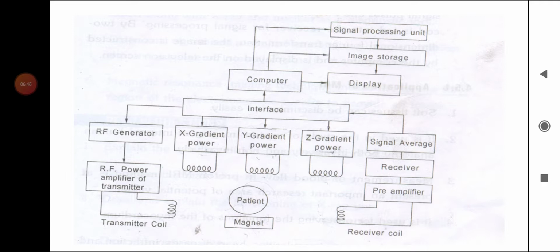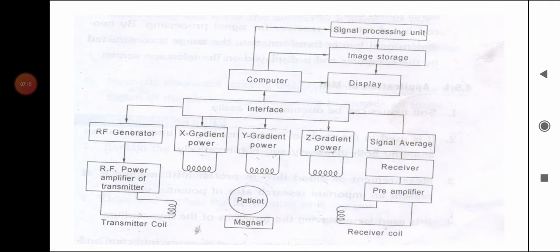The RF generator, a radio frequency signal generator, generates signals in the radio frequency region of the electromagnetic spectrum, that is connected to the RF power amplifier and transmitter, which consists of a transmitter coil.